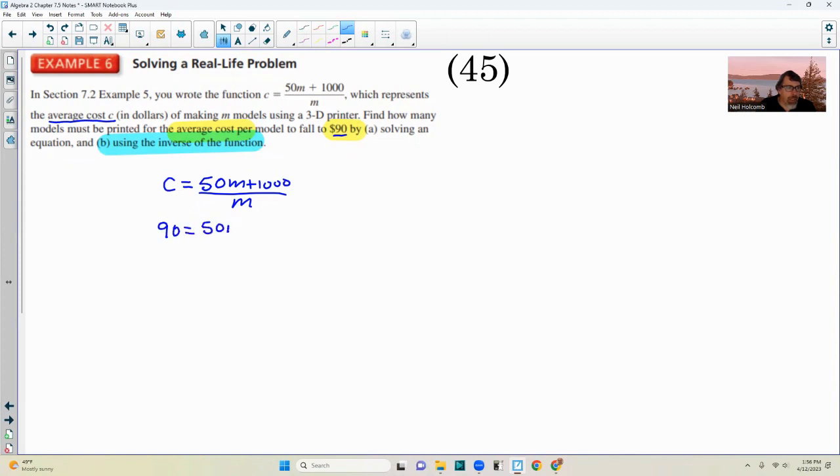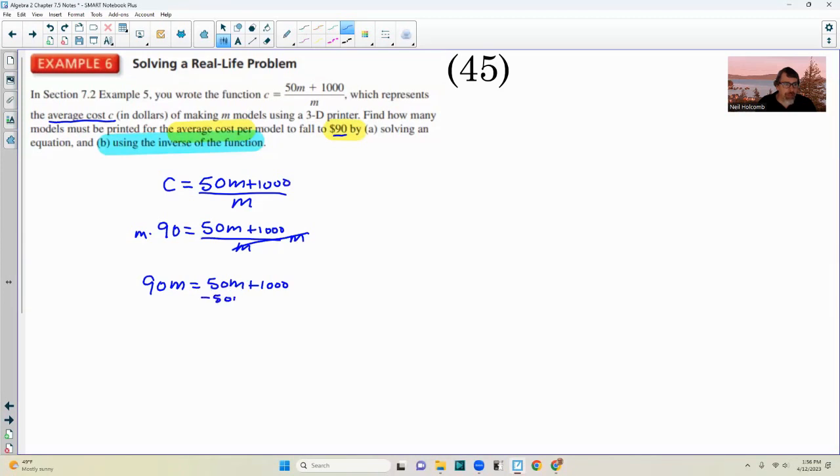So 90 equals 50m plus 1,000 divided by m. The first thing I'm going to do is multiply both sides by m to get rid of this, and I'm going to end up with 90m equals 50m plus 1,000.